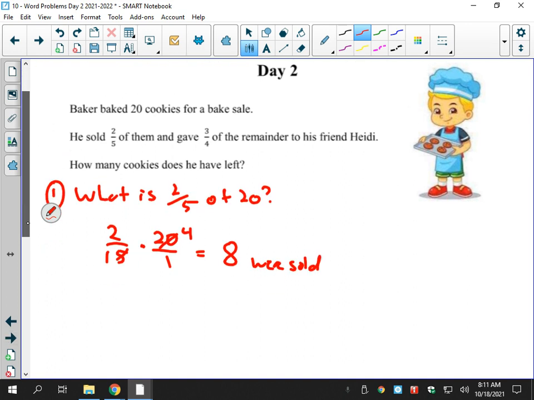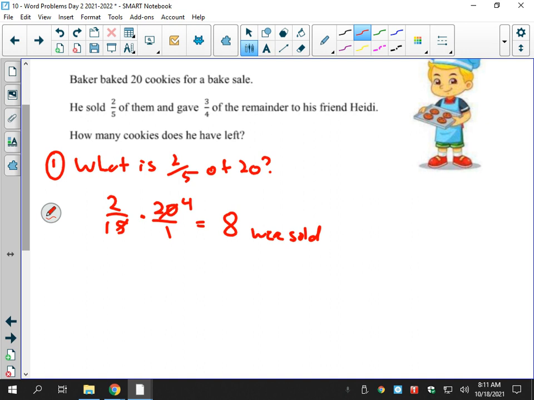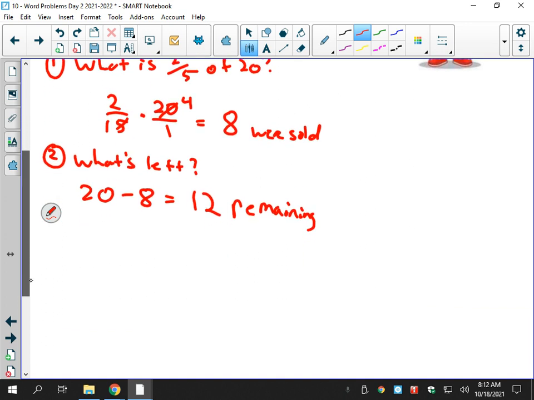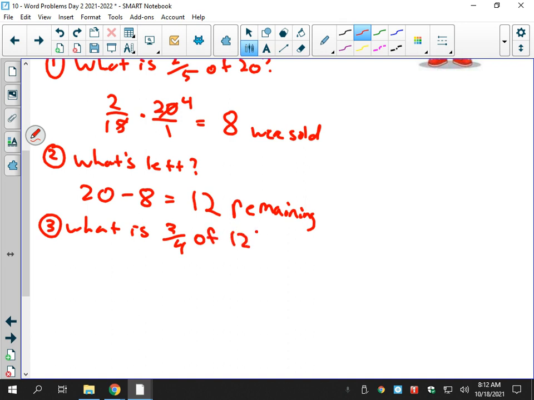Okay. He gives 3/4 of the remainder. Well, step 2, you got to figure out what's remaining. So what wasn't sold? So that would be 20 minus 8, which gives you 12 remaining. Of that 12 remaining, 3/4 were given to Heidi. So now we got to figure out, well, what is 3/4 of 12?